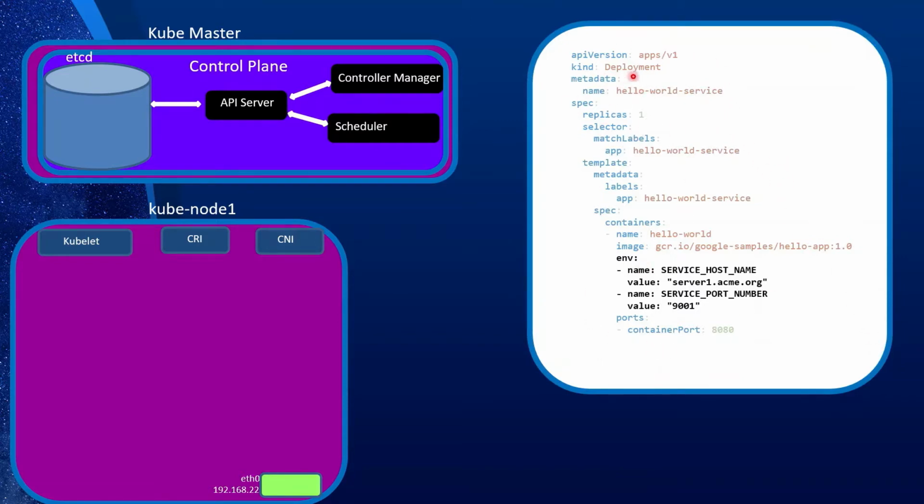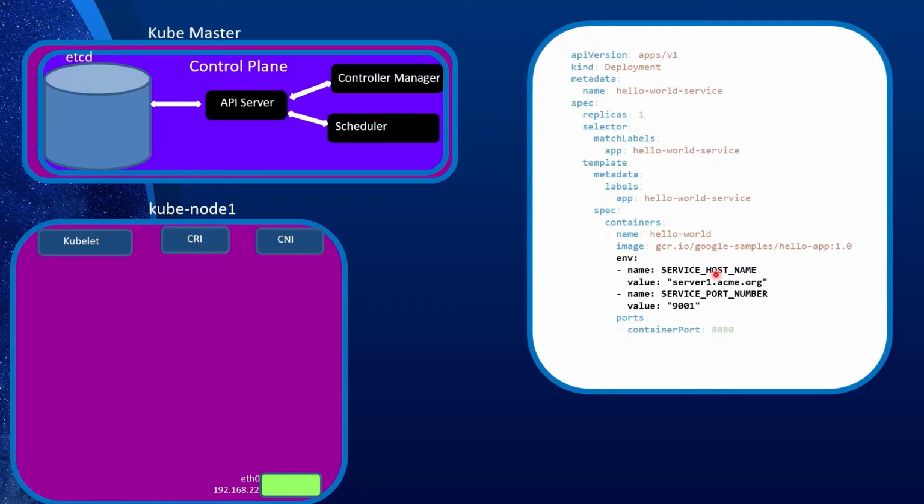You can either use a deployment or pod in our YAML, and under spec for the containers, we can then define our environment variables. So under env colon, and then we define as many environment variables as we need. So name, dash name, and then whatever name you want to assign, in this case, service host name.